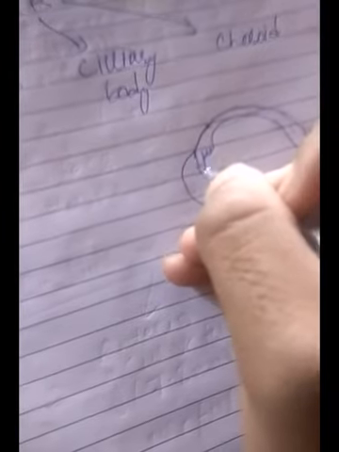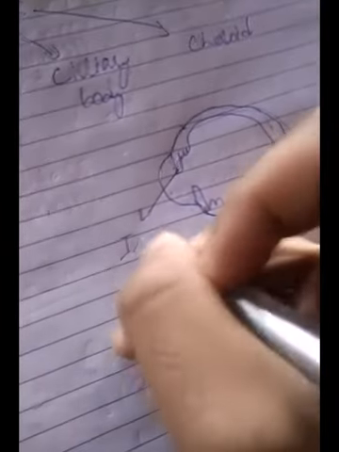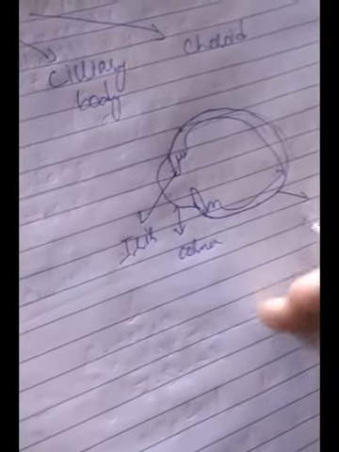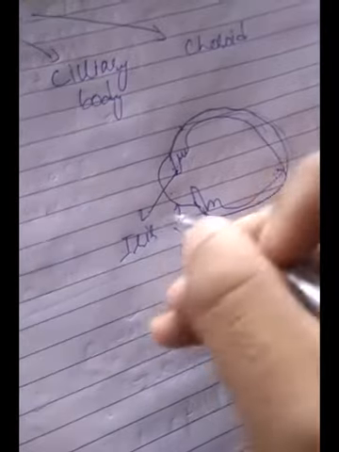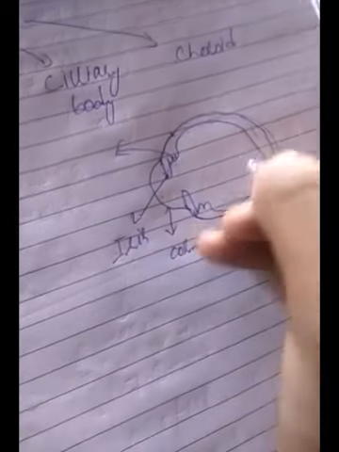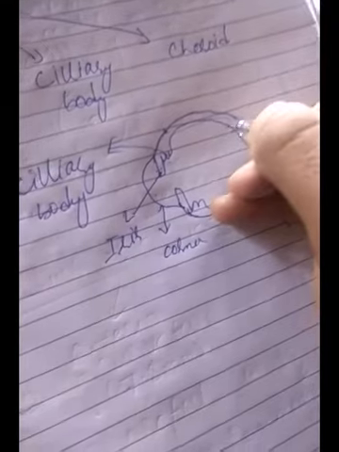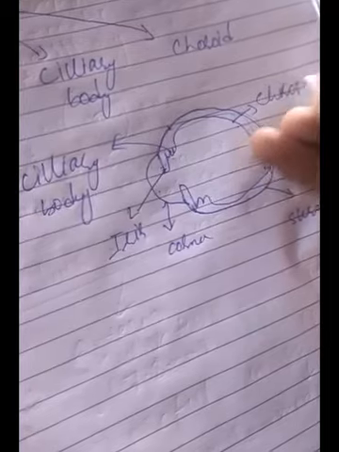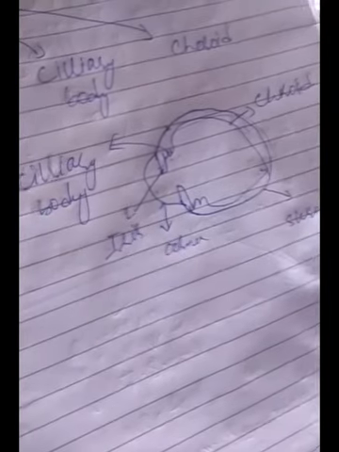The anterior part of the vascular coat is iris, the intermediate part is ciliary body, and the posterior part of the vascular coat is choroid.